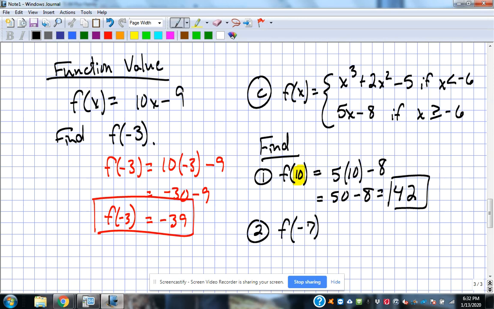F of negative 7. So we go to negative 7, we plug it in up here. Is negative 7 less than negative 6? Yes, so that means I've got to use that piece. So I'm going to plug negative 7 into that x cubed plus 2x squared minus 5. So negative 7 cubed plus 2 times negative 7 squared minus 5.